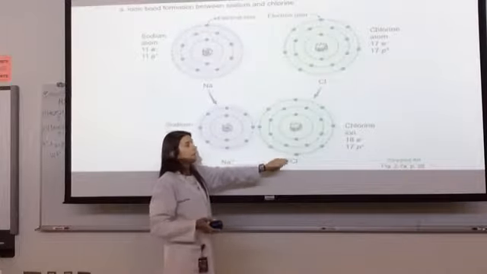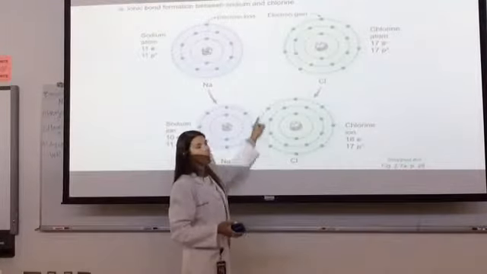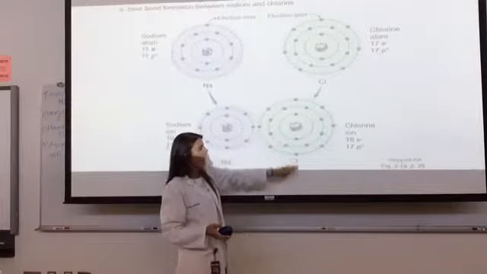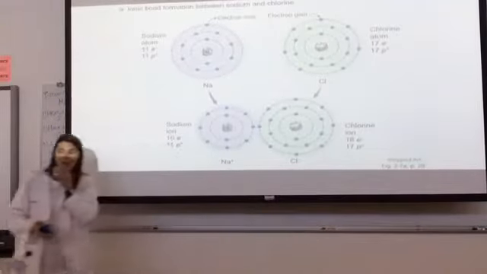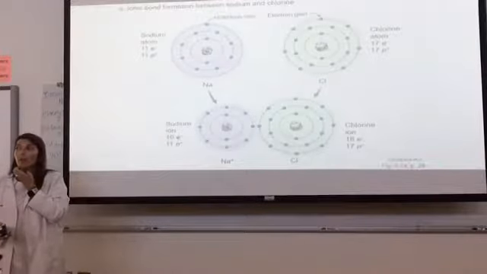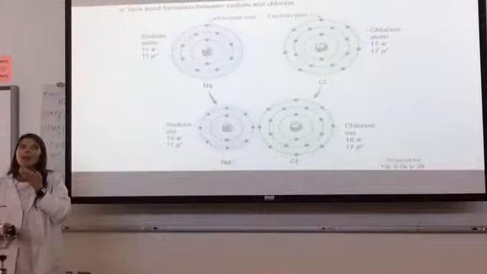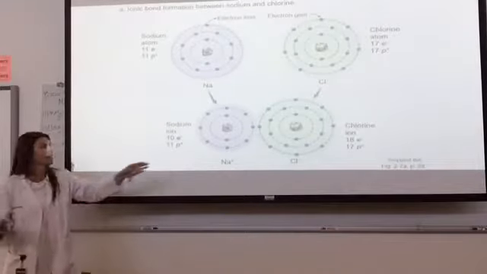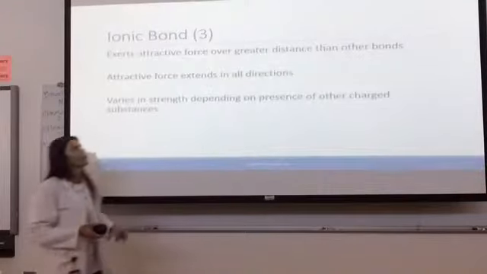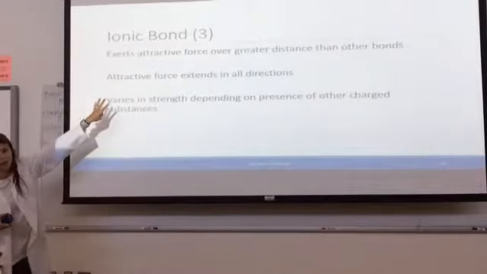And chlorine is now balanced because it received an electron and has a net negative charge. Which one of these is a cation? Sodium. Which one's an anion? Chlorine. Okay? They're not physically touching. This is an attractive force.